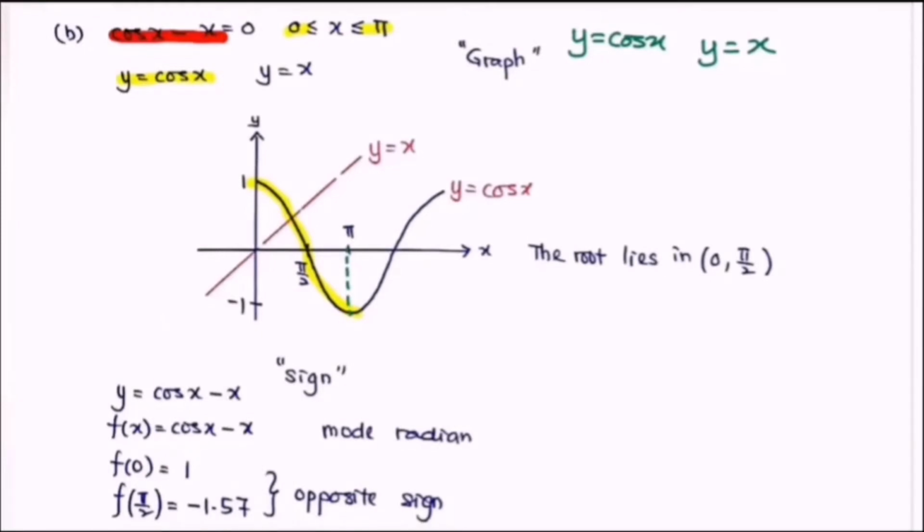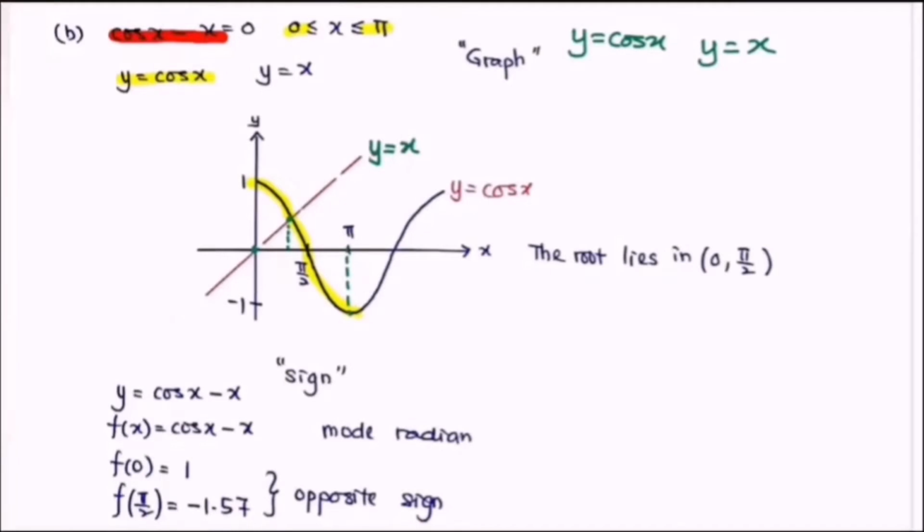So where we have y is equals to x, which is the linear graph, passed by the origin. So here will be the root. So from the graphical method, so from the graph, we notice that the root lies in between 0 until pi over 2. So that is the graphical method to use to approximate the root.